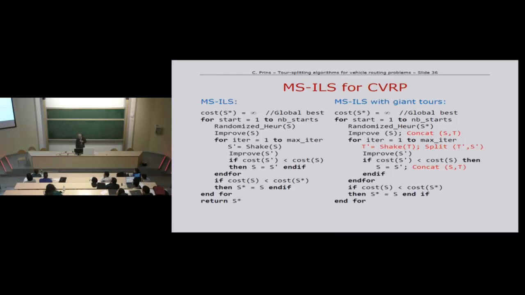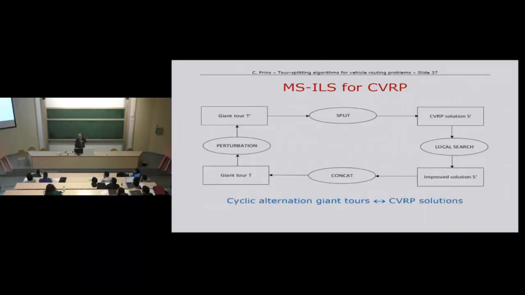So maybe it's not visible on this algorithm, but in fact the principle is this. We have a giant tour here. The perturbation is applied to obtain a giant tour T prime. You split it, you obtain a CVRP solution S prime.